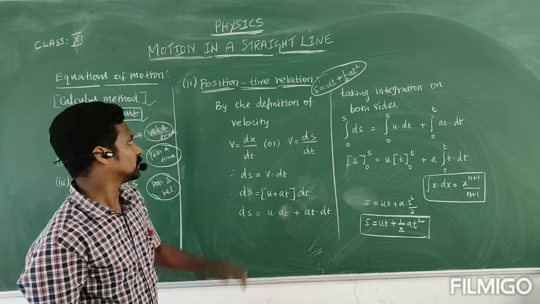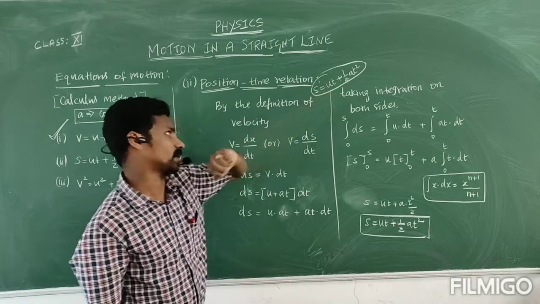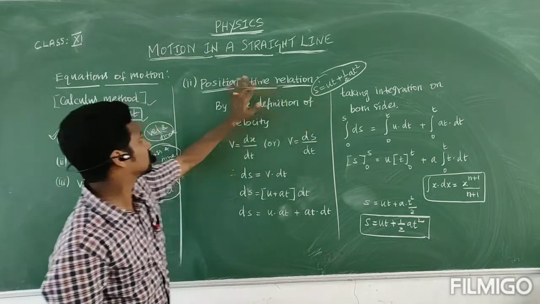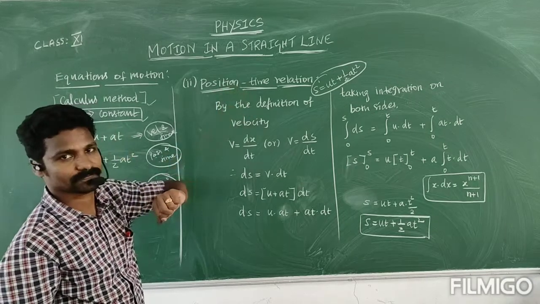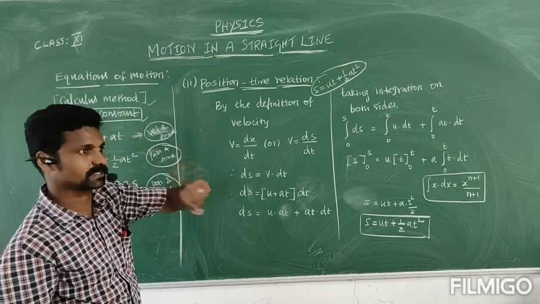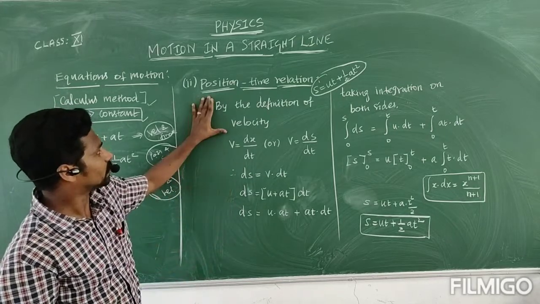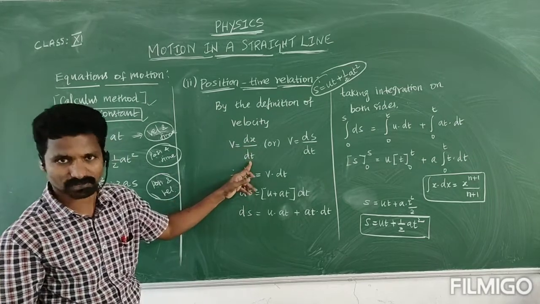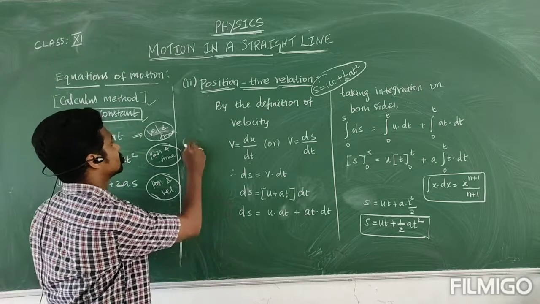Okay, listen. If you observe, s equal to ut plus half at square is a relationship between position and time. So the change in position with respect to time. By the definition of velocity, the change in position with respect to the change in time is dx divided by dt.